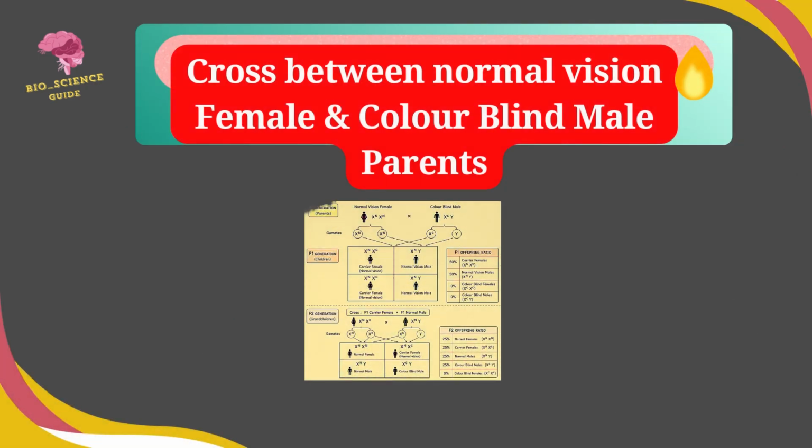In case 1, the cross between a normal vision female and a colorblind male. When a colorblind male is married to a normal female to produce the F1 generation, all the offspring are normal vision, but the daughters act as carriers.